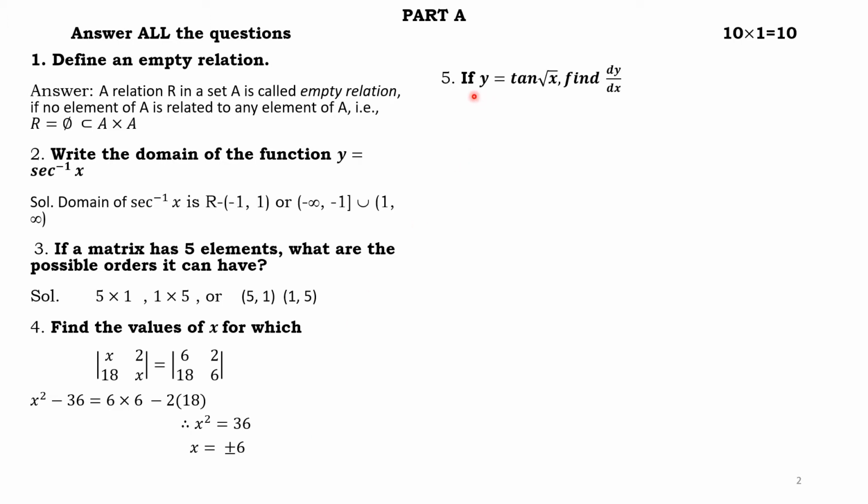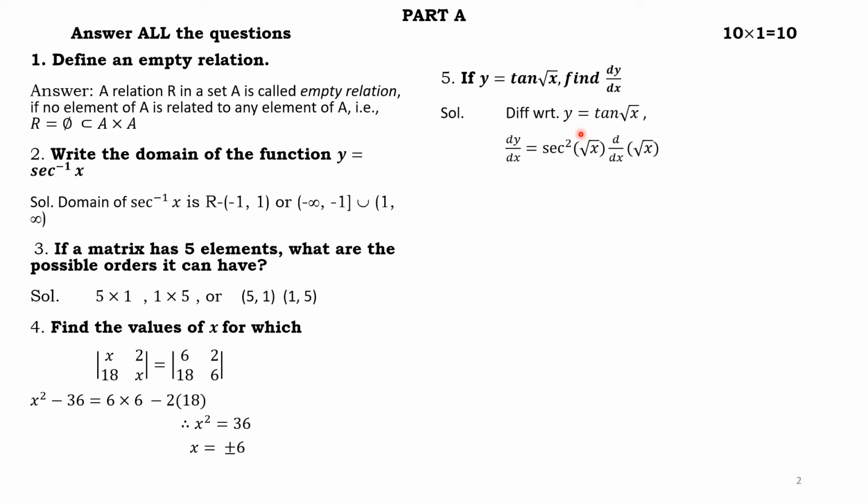Question number 5. If y is equal to tan root x, find dy by dx. Therefore, we have to differentiate. Because we are required to find dy by dx, differentiate with respect to x. y is equal to tan root x.